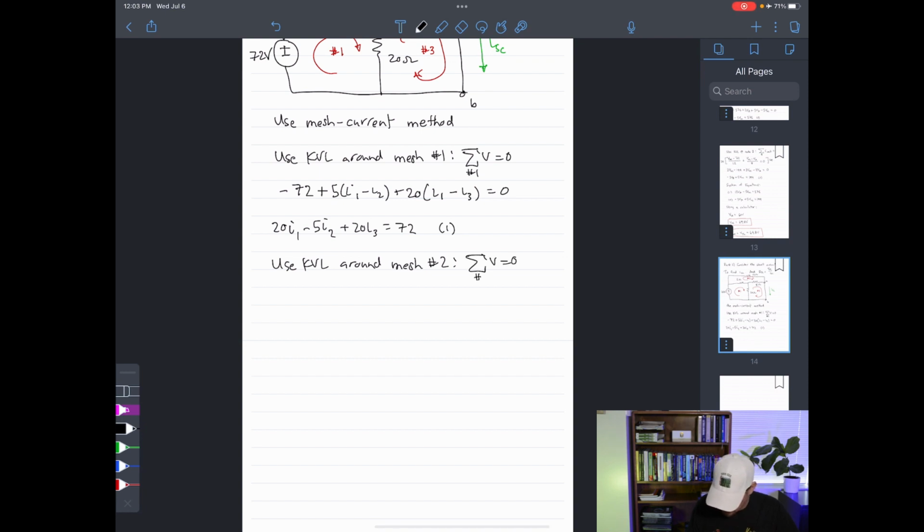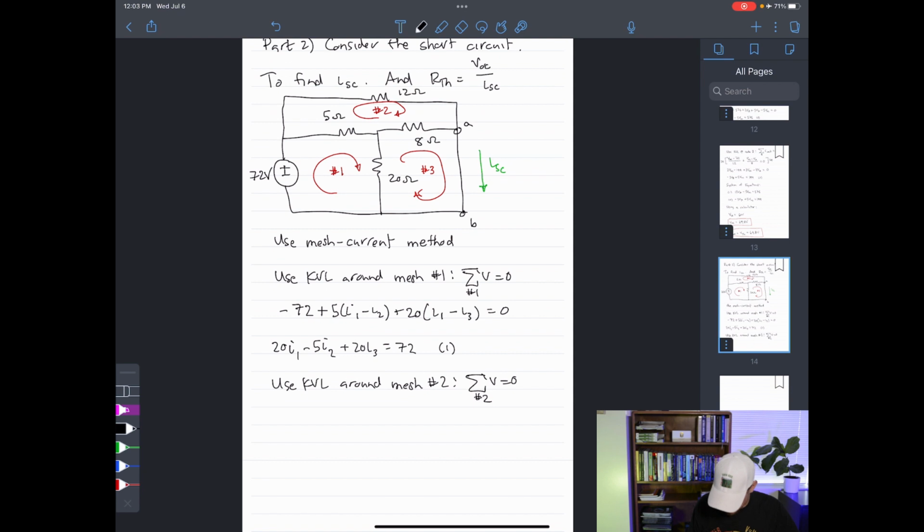I then go through the 8 ohm resistor. You have I2 and I3 there, so this is 8 times I2 minus I3. I then go through the 5 ohm resistor, and I2 and I1 exist there, so it is 5 times I2 minus I1. Those must add up to 0.